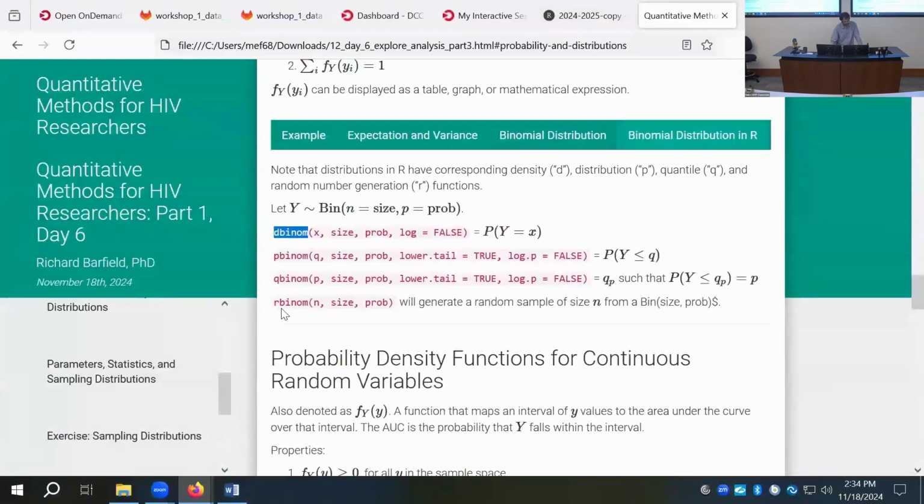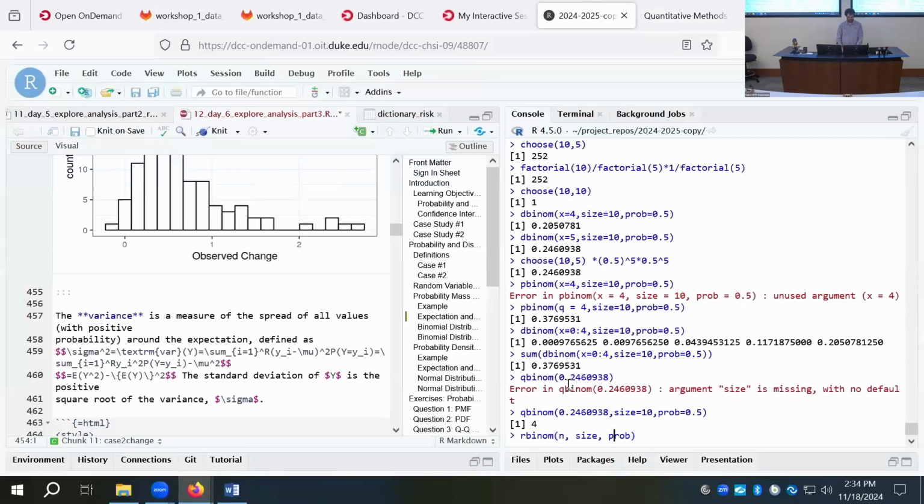And then rbinom will generate random data from it. So if we do rbinom, I'm going to tell it give me 2, size is equal to 10, prob is equal to 0.5.